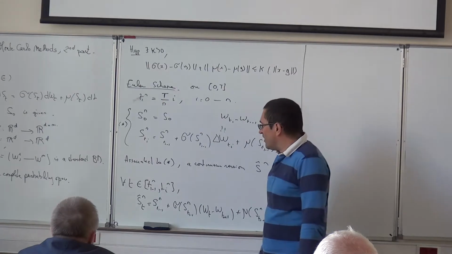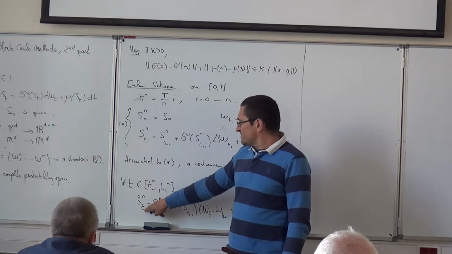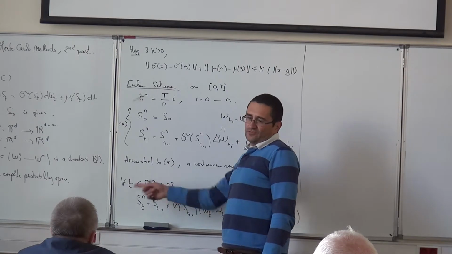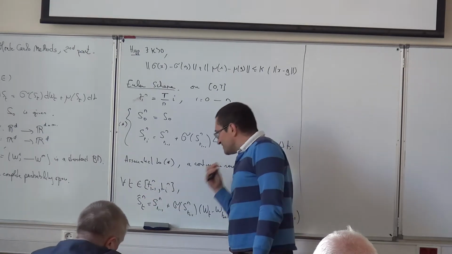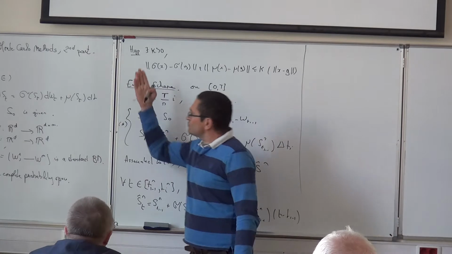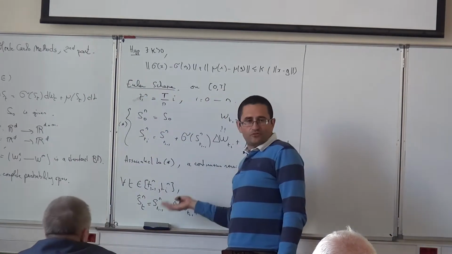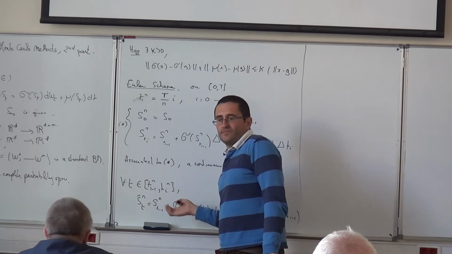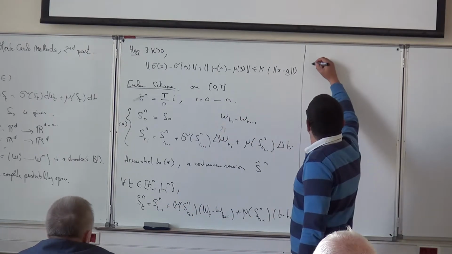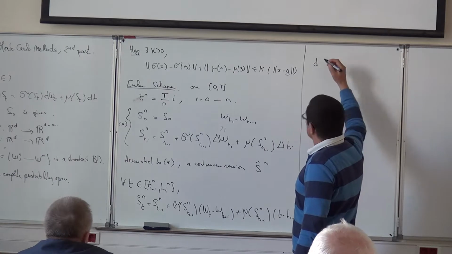You don't mind about the value of this process except at the discrete times. But it's easier to compare this process with this one, because this one satisfies a stochastic differential equation.